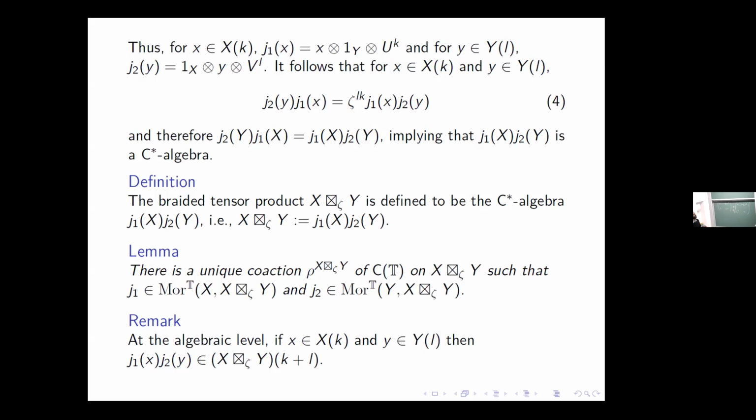Since U and V commute up to the scalar zeta, I get the commutation relation, which is equation number 4. So J2Y and J1X commute up to, again, a zeta power.